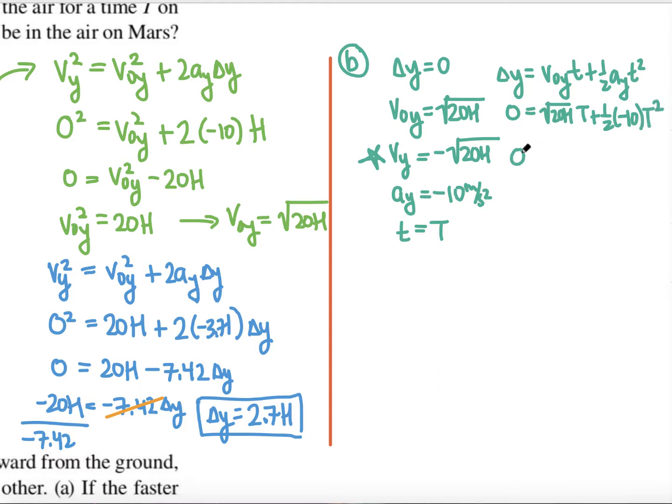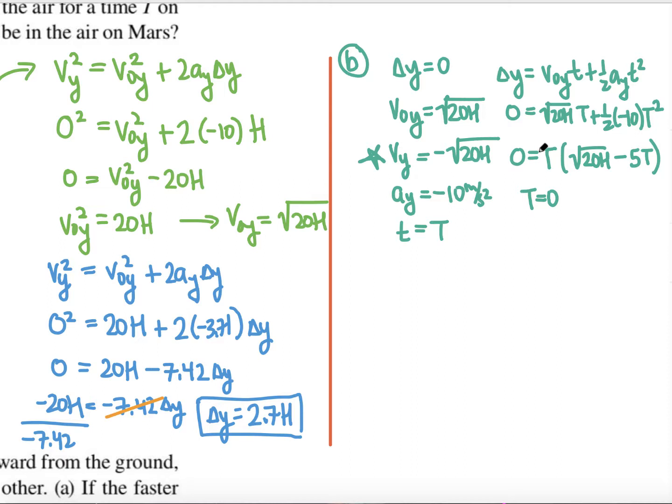We have an equation that's not too bad. So we can do two things here. One, I'm going to simplify this. This is just negative 5. And then I'm going to factor out a capital T. So I factor that capital T out, and I'm left with square root of 20 times h minus 5 times capital T.